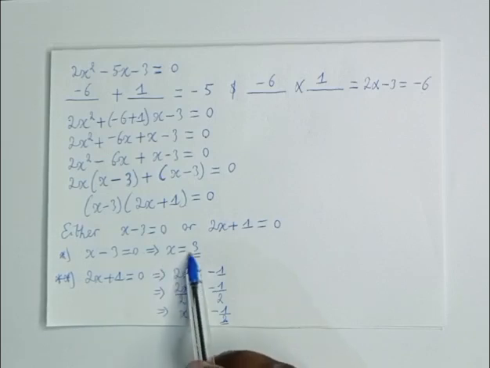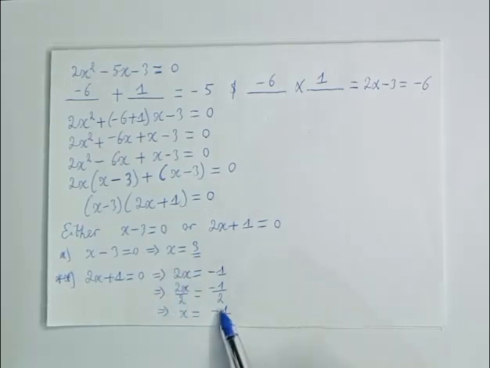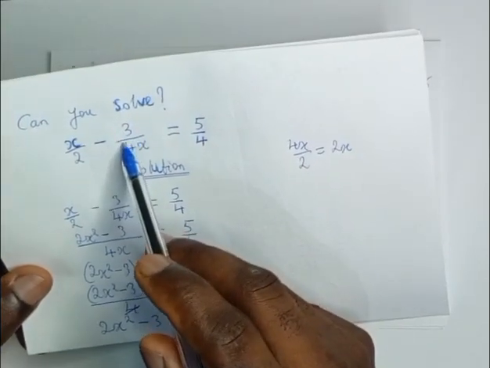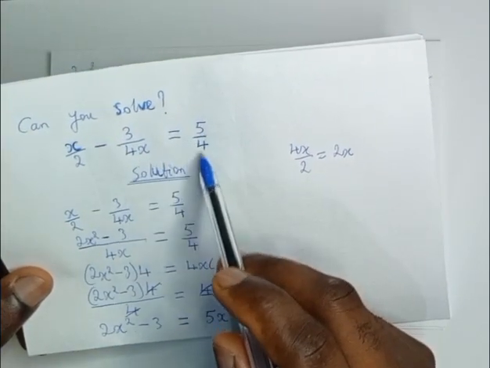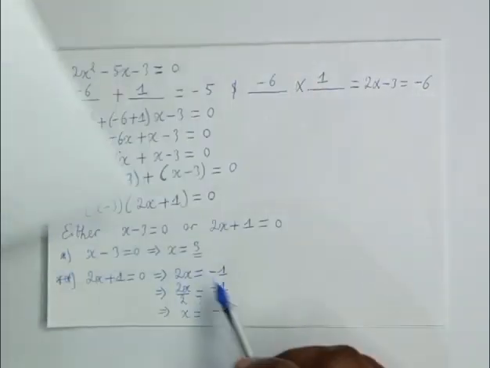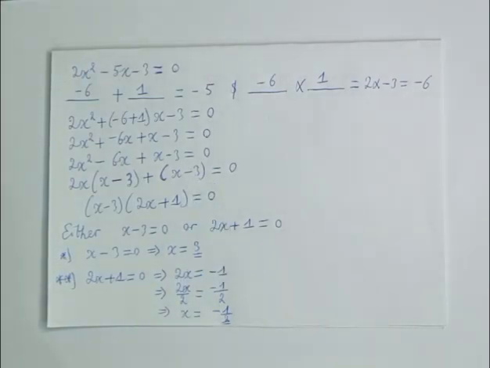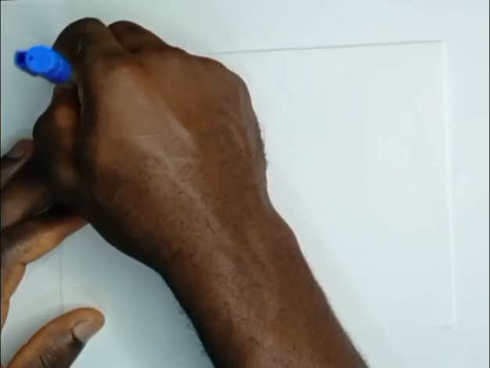Therefore, x equal to 3 or x equal to negative a half are the solutions of x all over 2 minus 3 over 4x equal to 5 on 4. So these are the two solutions for which this is true. Let's conclude that we verify to see if the solutions are correct.